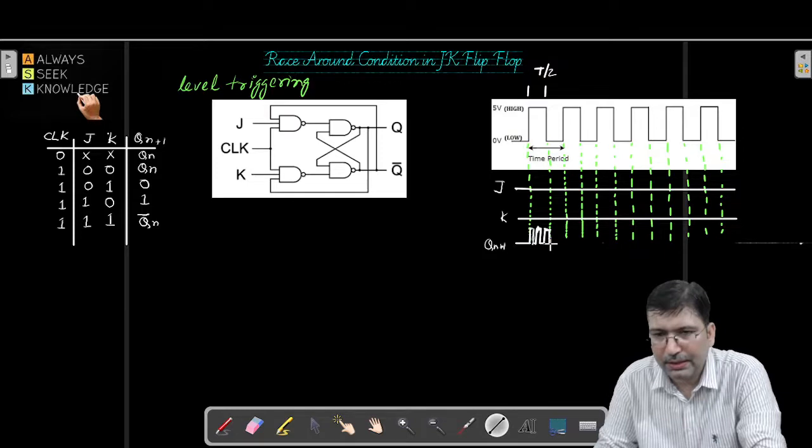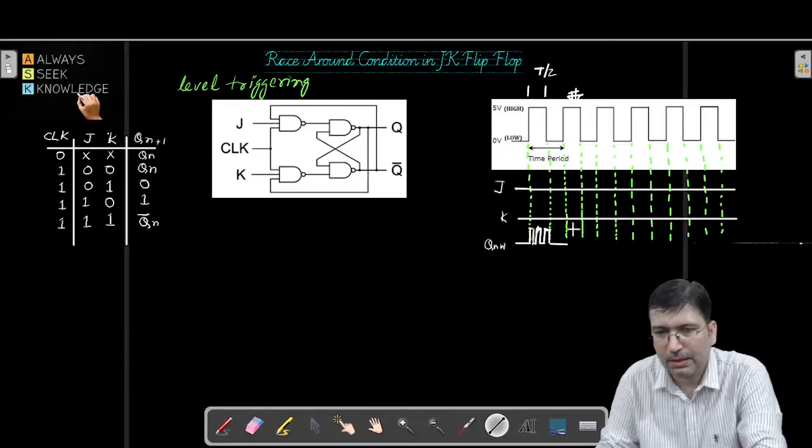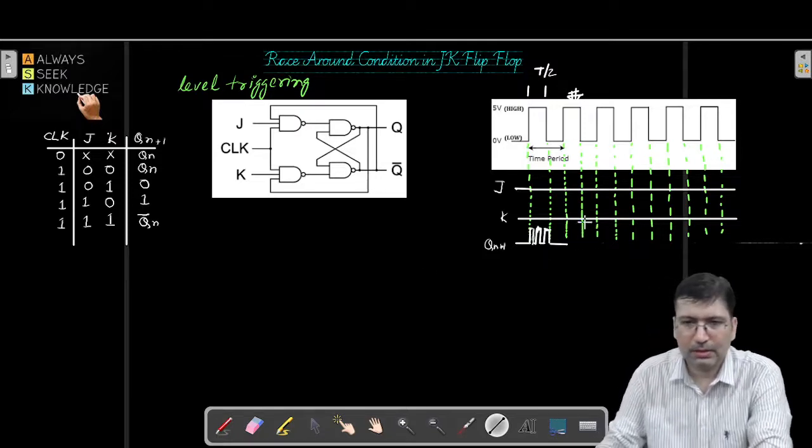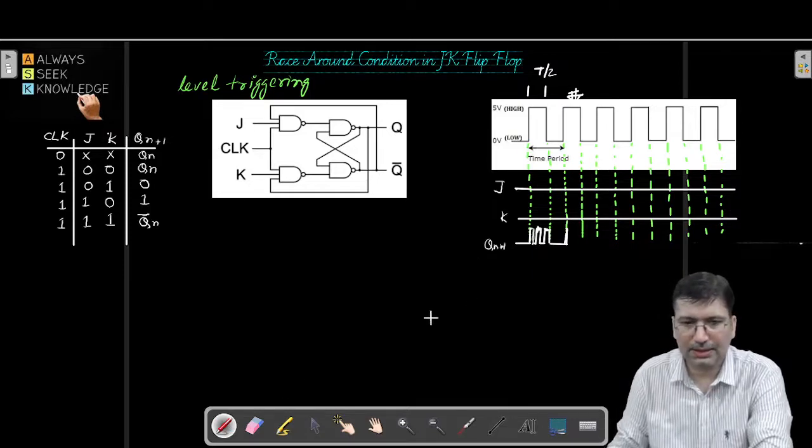Now after that it will be low, and again in this period the same situation will occur. So here it will again start getting high value and then low value, then high value, then low value. So this situation we consider as race around condition.